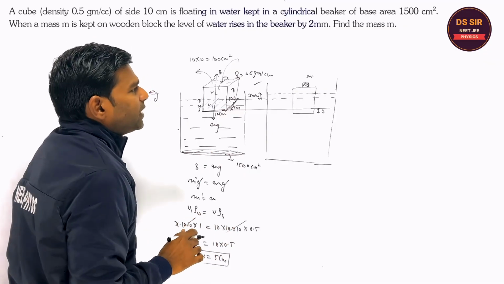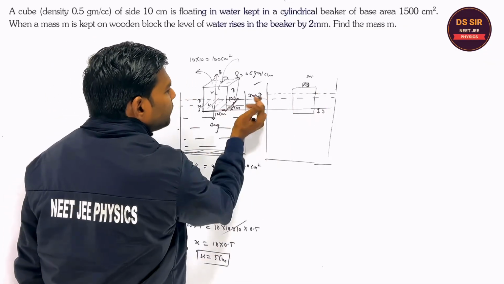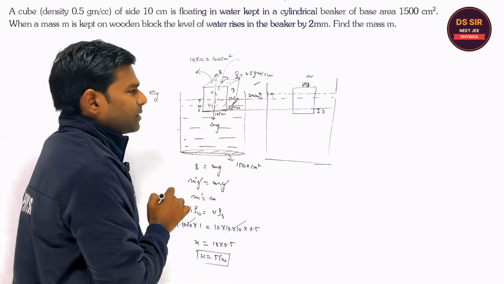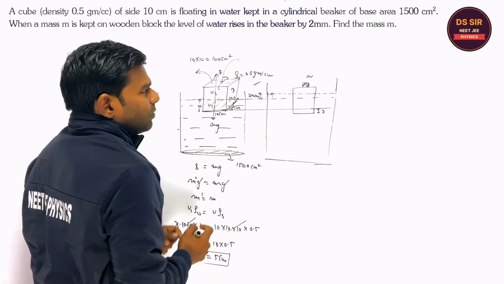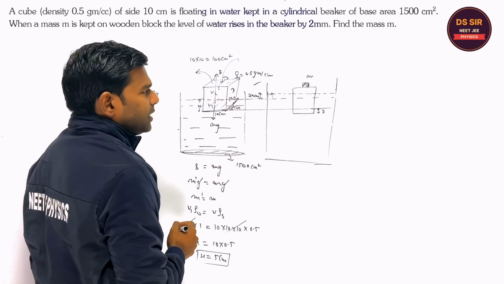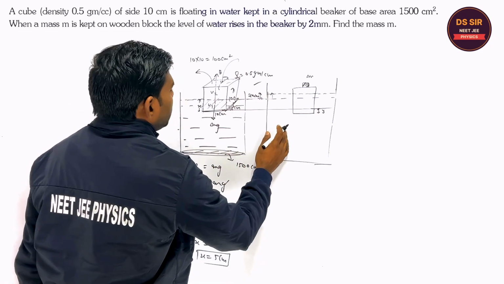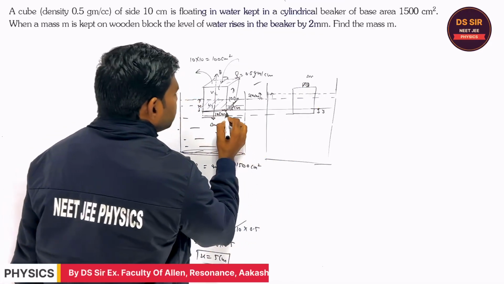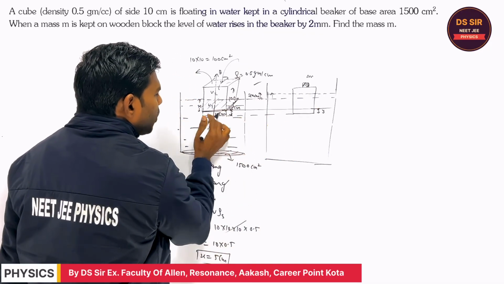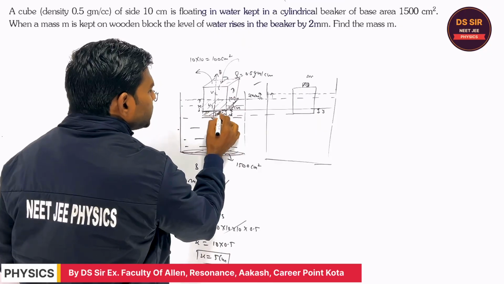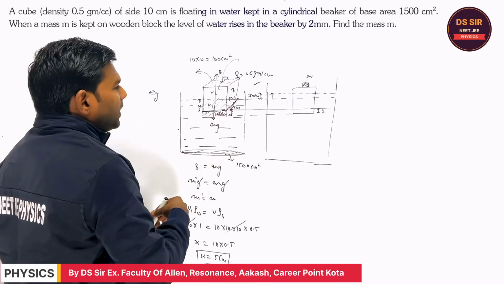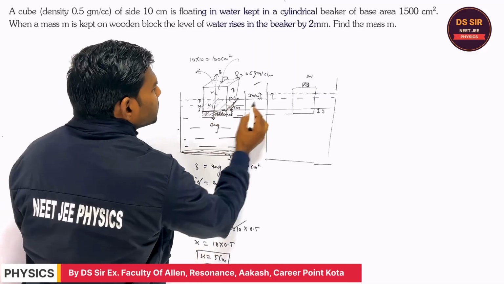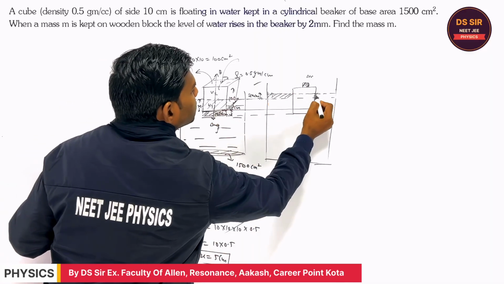So we have to find the mass if this water level moves up by 2 millimeter when the cube comes down. So what is happening, you tell? This is the y portion, right? This is the volume displaced further by the cube, and this volume comes in this portion. Is it clear or not?